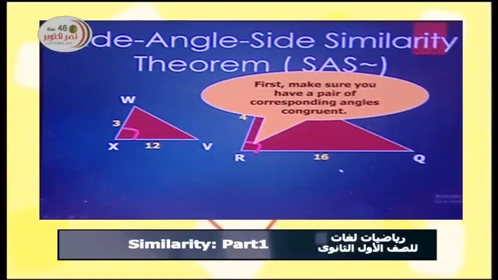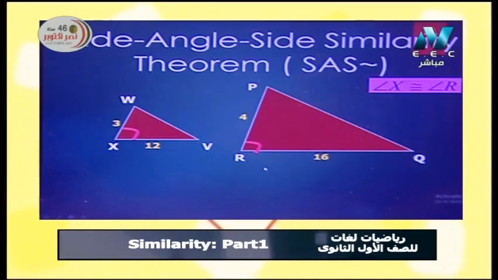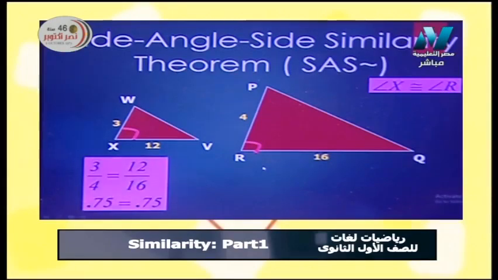First, make sure that you have a pair of corresponding angles congruent, like X and R. Measure angle X equal measure angle R, or we can say the angle X is congruent to the angle R. Look at this proportional, 3 over 4 here equal 12 over 16 equal 0.75, or 3 over 4.